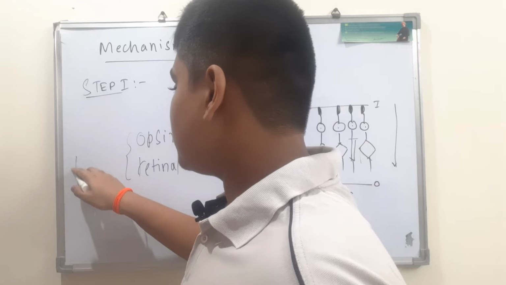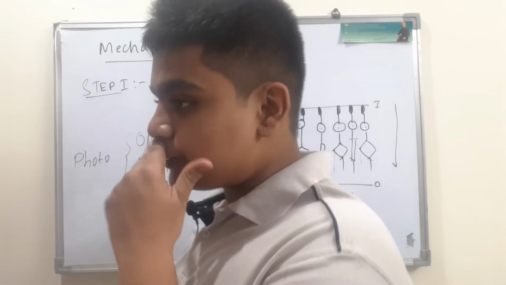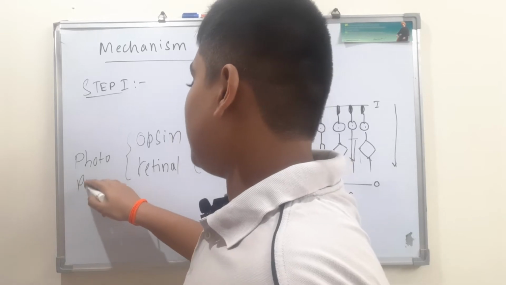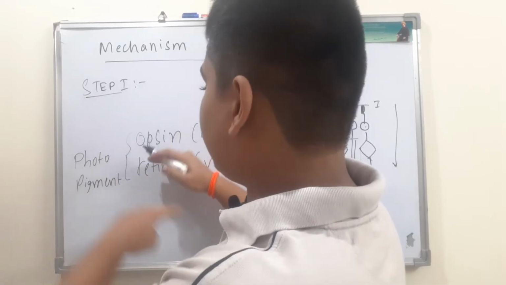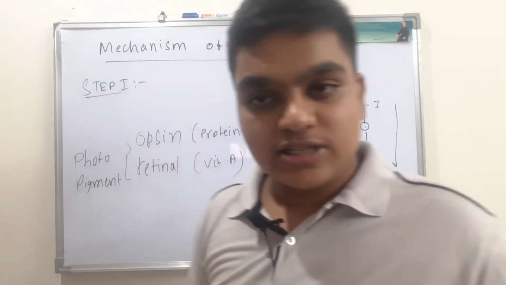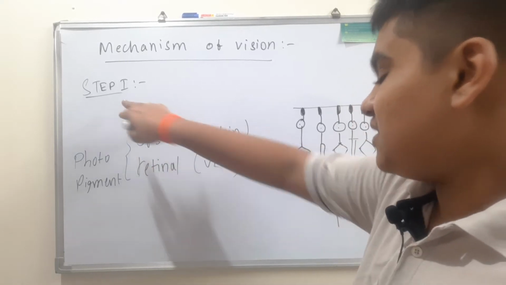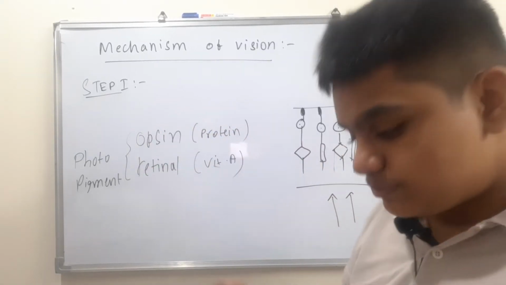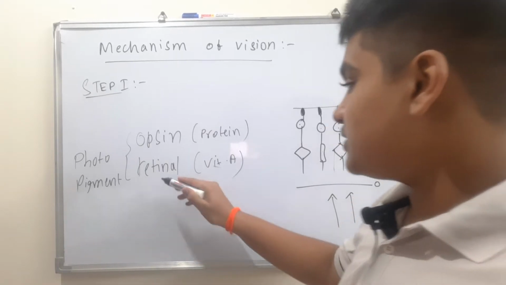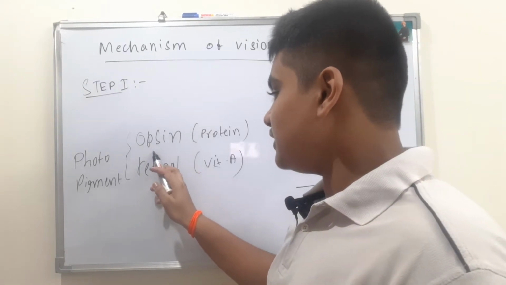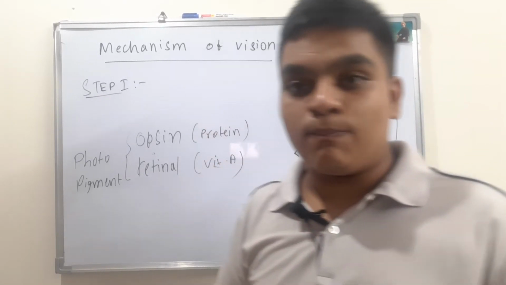I told you in the previous lecture that these photopigments get excited as soon as light falls. Generally they are attached to each other. Whenever light falls on the retina, the first step is that they get excited. When they get excited, the retinal, which is attached to the opsin, gets detached or dissociated from the opsin.